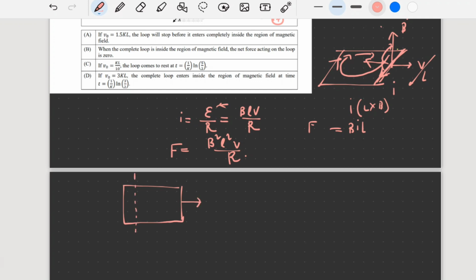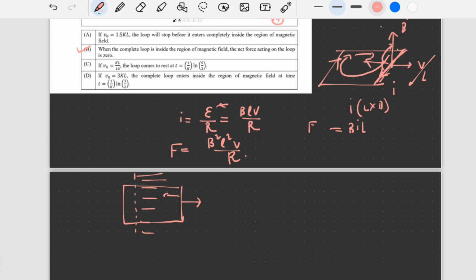Right now we are considering that only one side has entered the magnetic field. When two sides enter the magnetic field, the net force on the loop will become zero, because these forces will act in opposite directions. So option B is one of the correct answers.